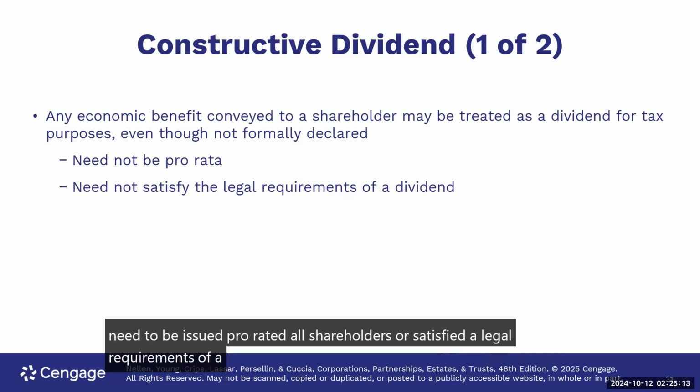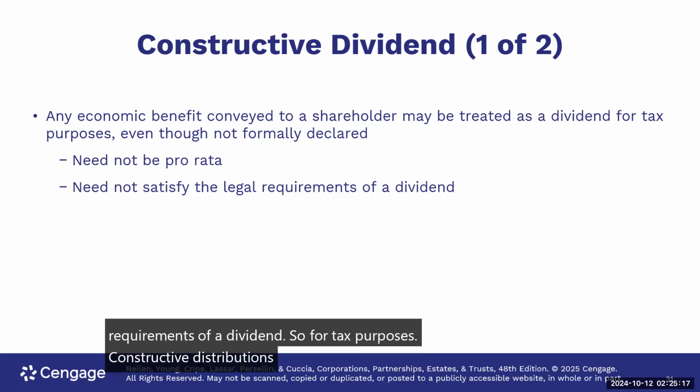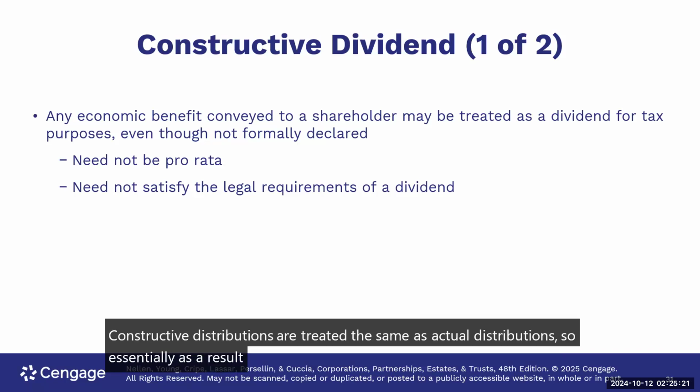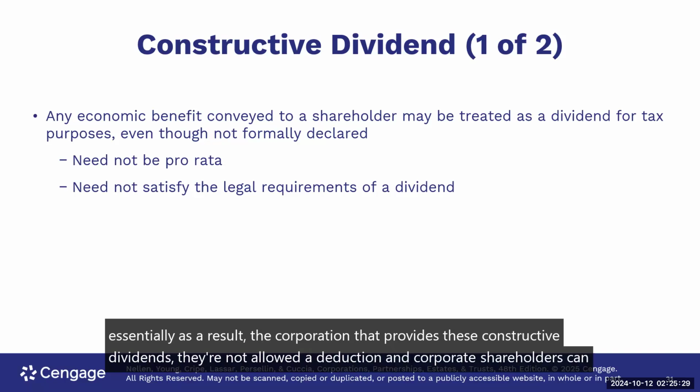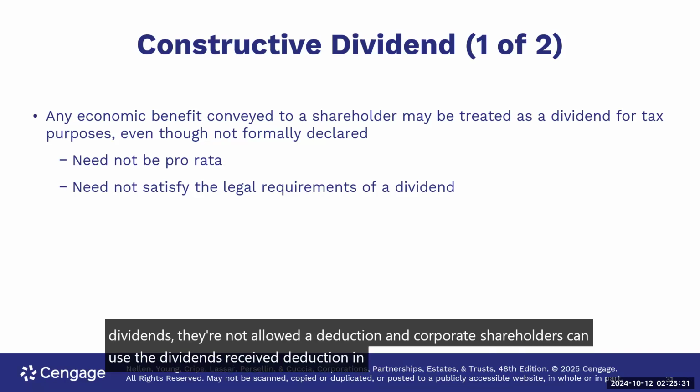So for tax purposes, constructive distributions are treated the same as actual distributions. So essentially, as a result, the corporation that provides these constructive dividends is not allowed a deduction. And corporate shareholders can use the dividends received deduction, and non-corporate shareholders receive preferential treatment.